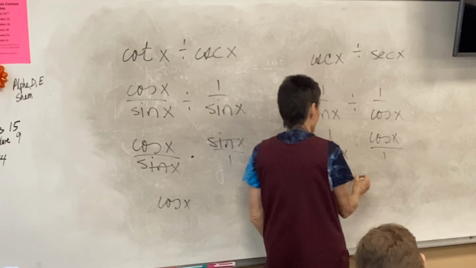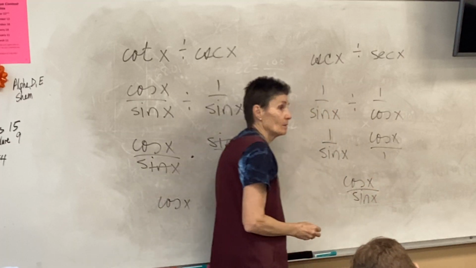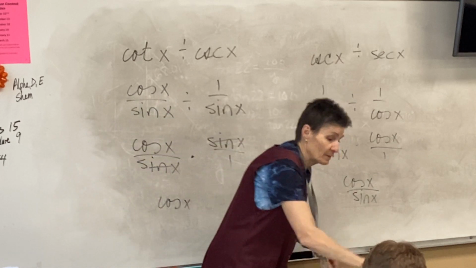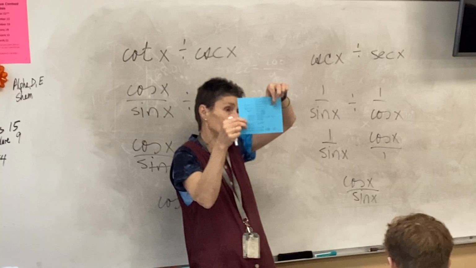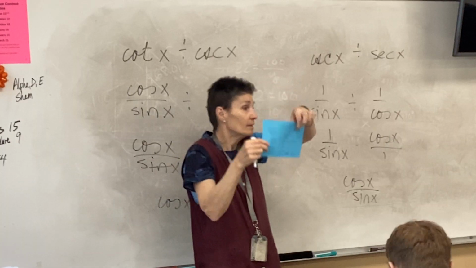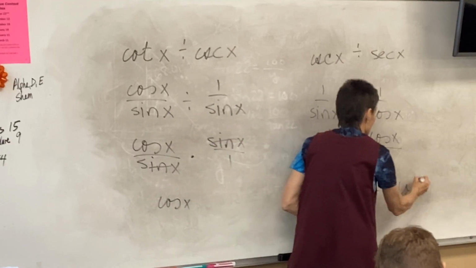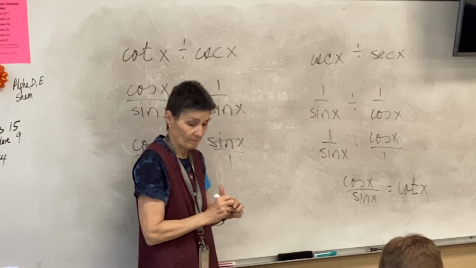So it looks like I have cosine over sine, which is what we just talked about. If tangent is sine over cosine, then cosine over sine is cotangent. So the simplified answer is cotangent.